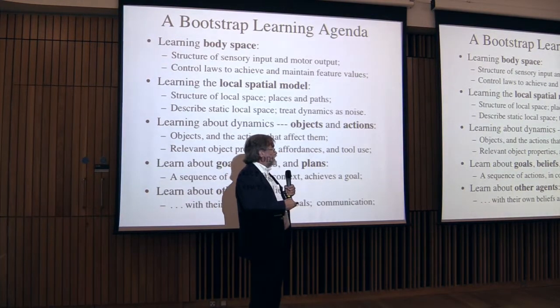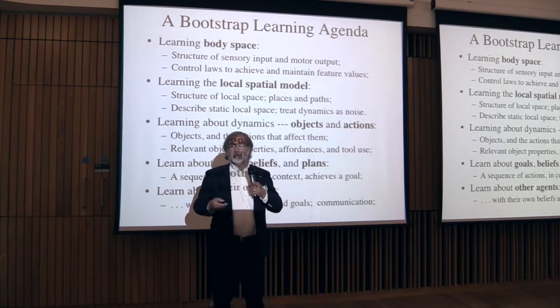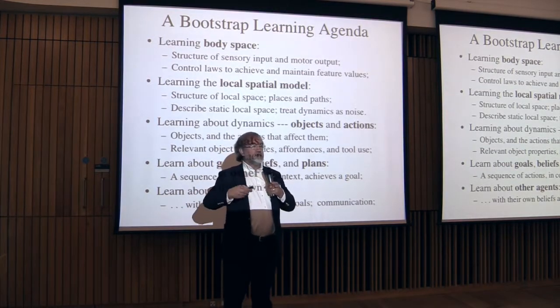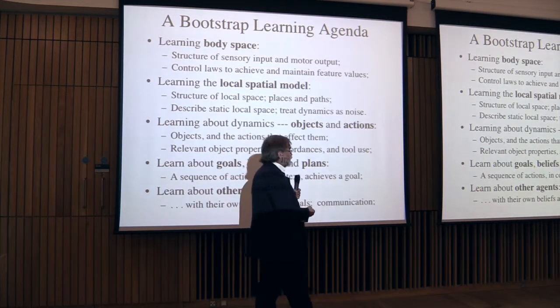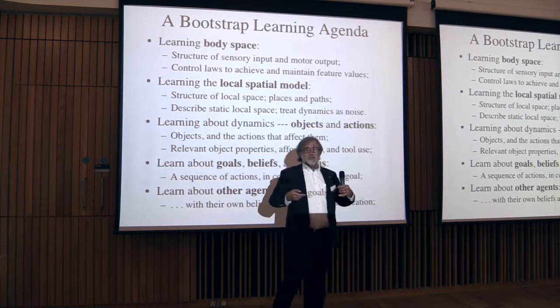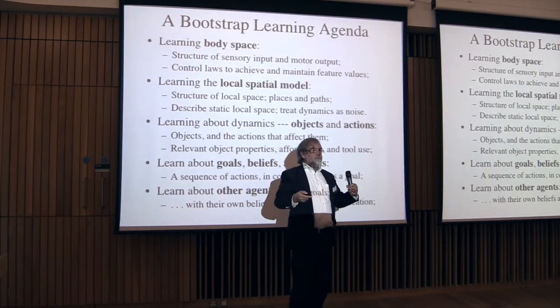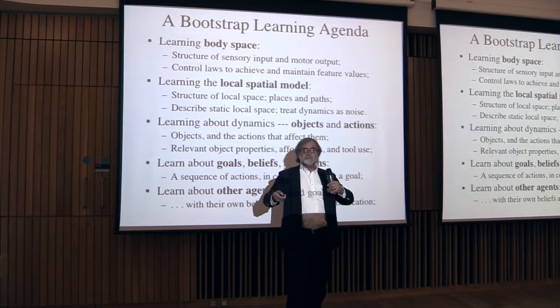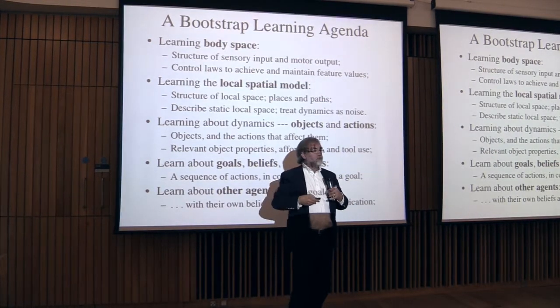The agent needs to learn to make plans, and plans exist in order to achieve goals, and they are made within the context of the agent's beliefs about the world. Now, all of this stuff can be done by essentially a solipsistic agent that just interacts with itself.